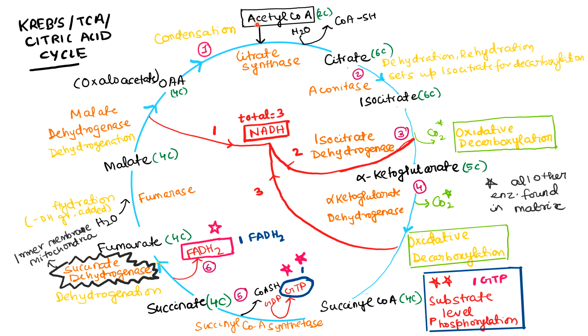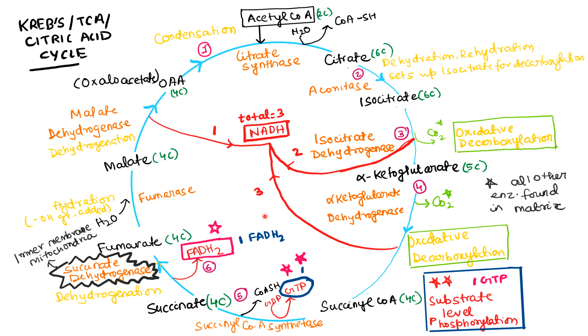In glycolysis, how many pyruvates do we have? We will be having 2 pyruvate. So how many total NADH will we be getting? If for one pyruvate we are getting 3 NADH, for a single glucose we are having 2 pyruvate, that means we are getting 6 NADH in the Krebs cycle.